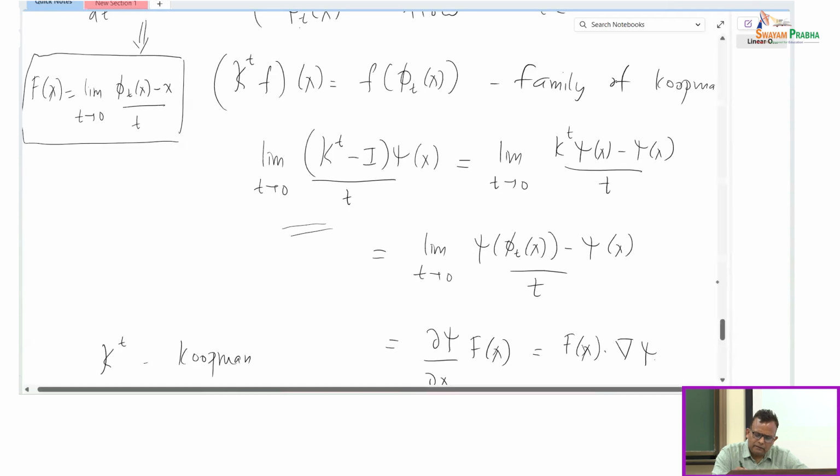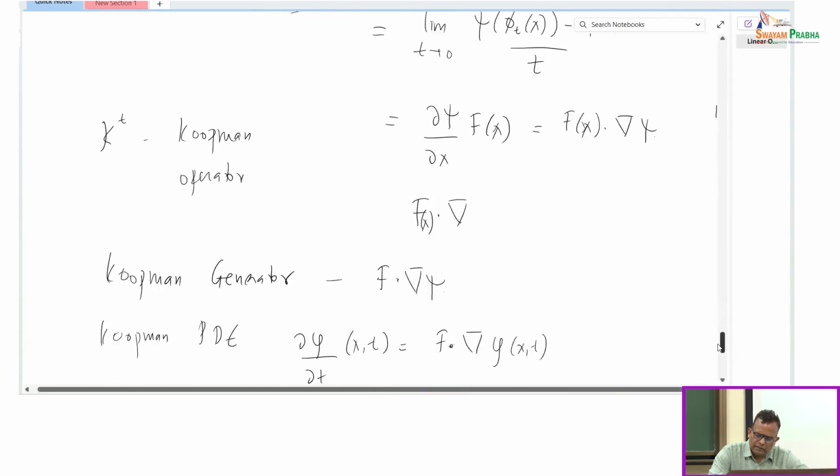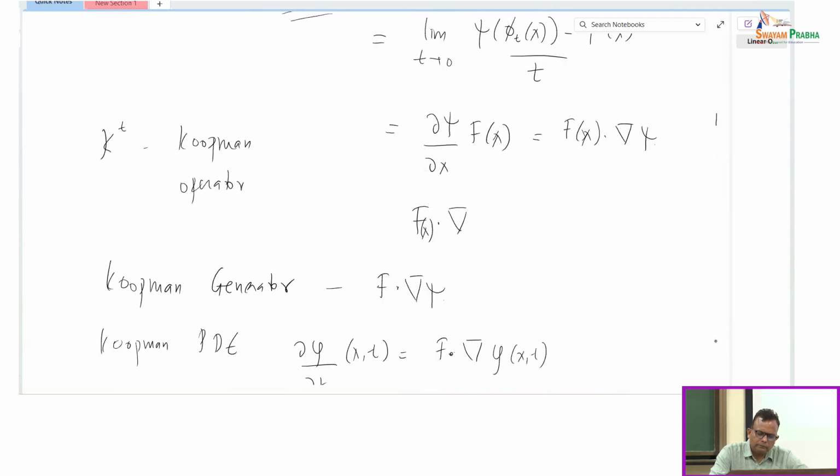It can be shown that this is equal to f of x dot gradient of psi. I can write it either like this using the gradient notation, or I can write it using the standard notation. And we also saw that this is nothing but the Lie derivative.